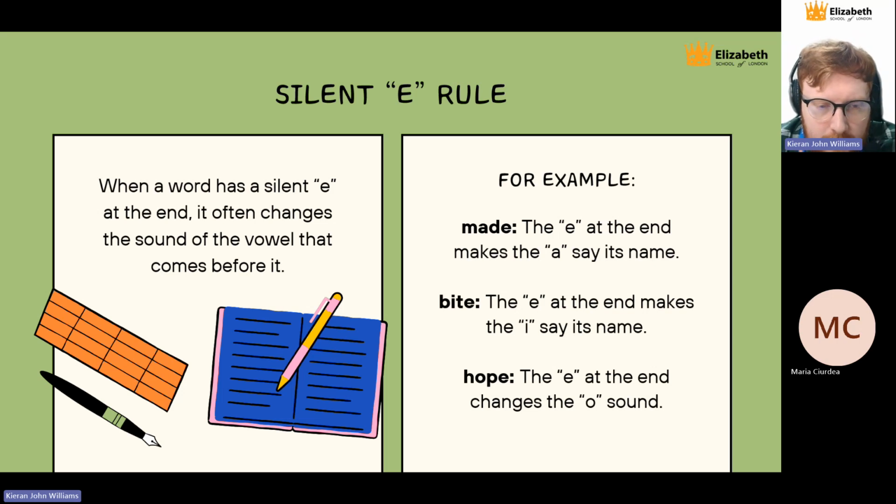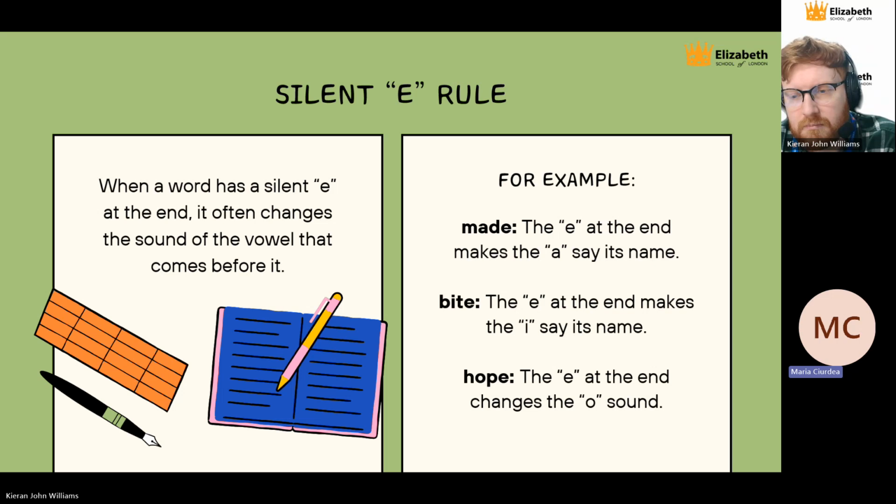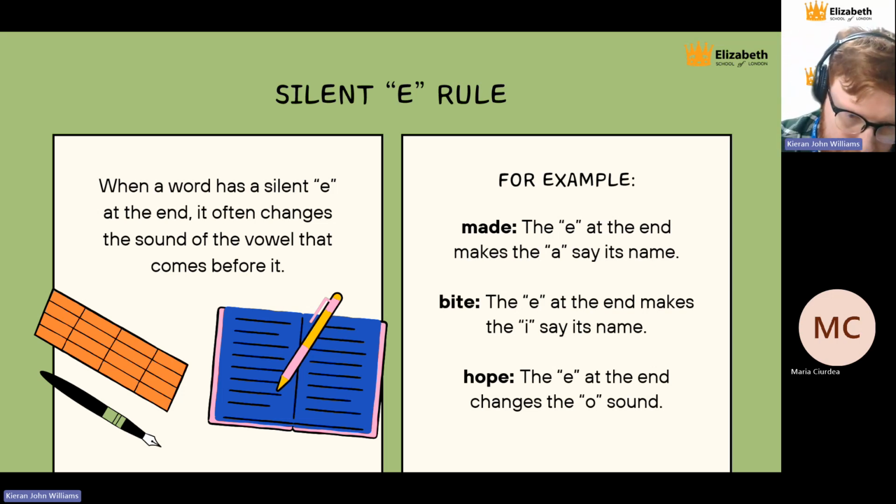Now the next one, we have the word bite, but if we remove the E, how would we say it? Bit. It would be bit. And if we add the E, it is? Bite. So by adding the E, it changes the sound. So if we know the sound, we can know the spelling. And then the last one, we have hope.